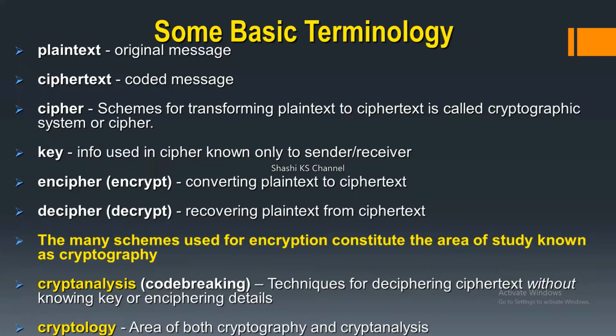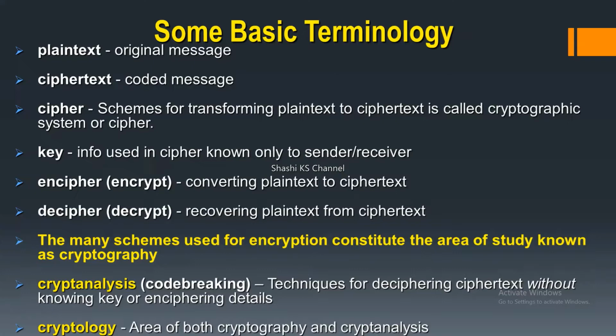Next is encipher. Encipher means the process of encrypting, and decipher means the process of decrypting. Cryptography is the area of study in which we study the different types of schemes used for encryption of the plain text. Next is cryptanalysis. Usually the decryption of the ciphertext is done using the key.